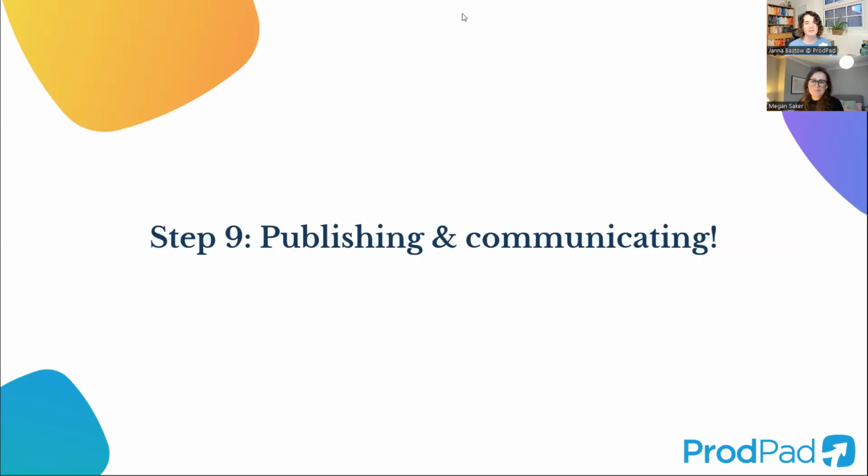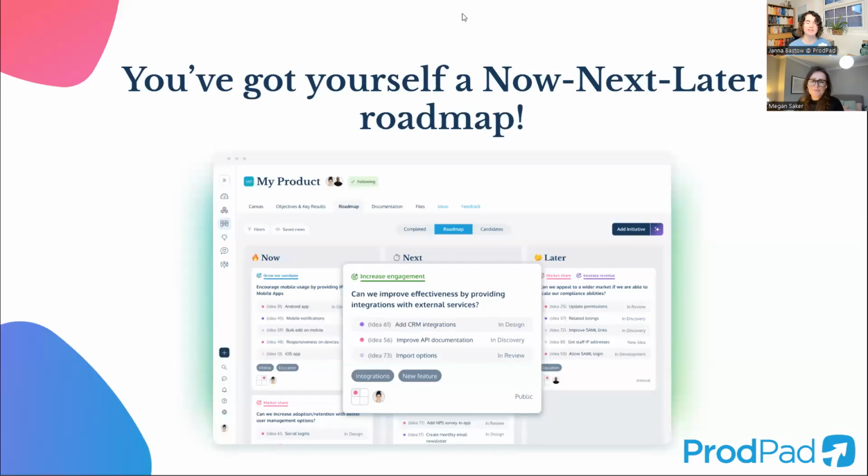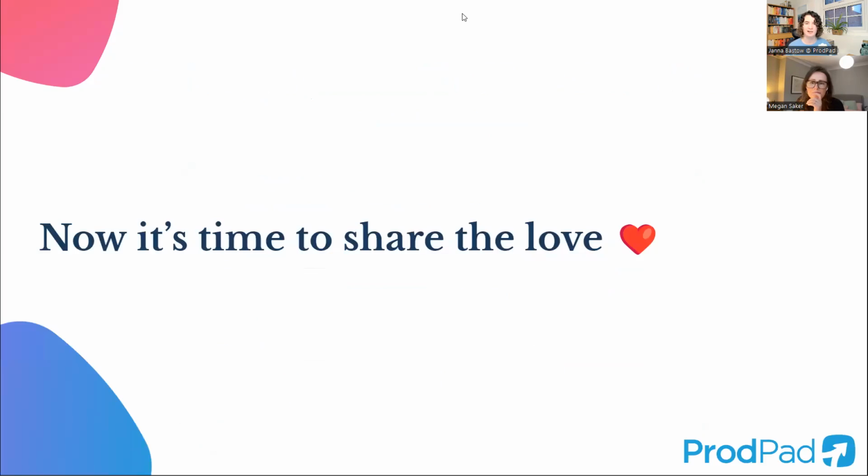All right. And then the final step is to publish and communicate your roadmap. Get it in front of the right people. You've got your now, next, later roadmap. You want to be able to show this to the right people. And it's only by showing it to the right people that you're going to be able to get that feedback. So first versions, you might show them the Miro board that might be part of that inner group. But then as you start articulating into a now, next, later roadmap, like the one we see here, you're going to want to share that love.